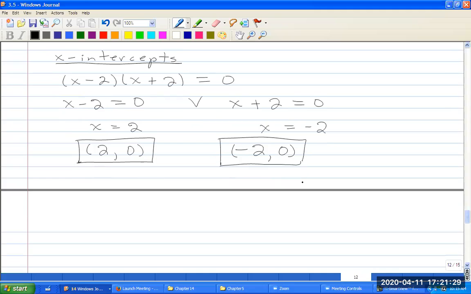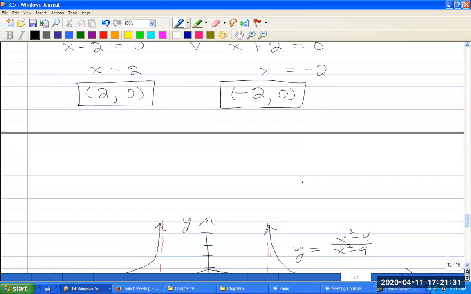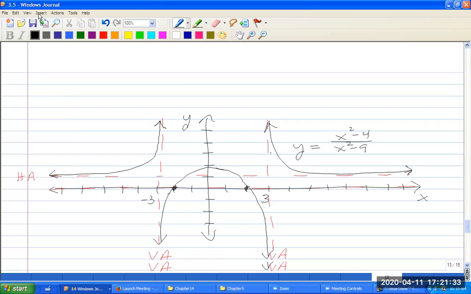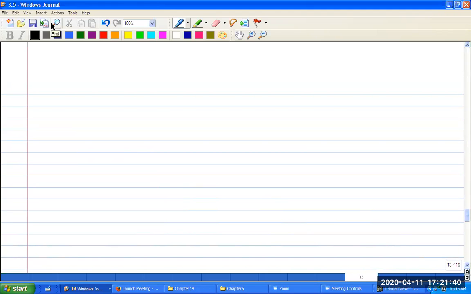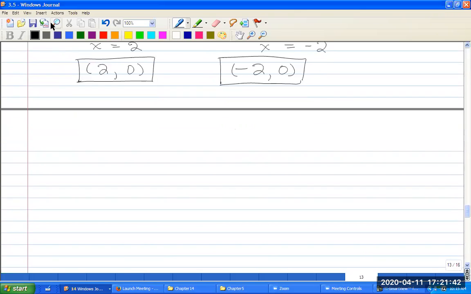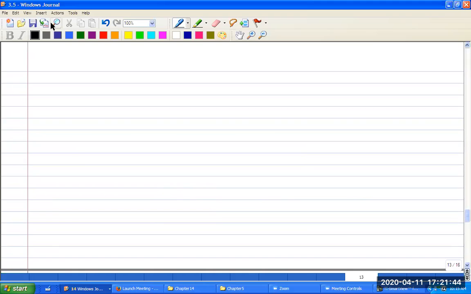Now let's find the y-intercepts. I guess I need another page. The y-intercept, which in this case is not going to be very useful.